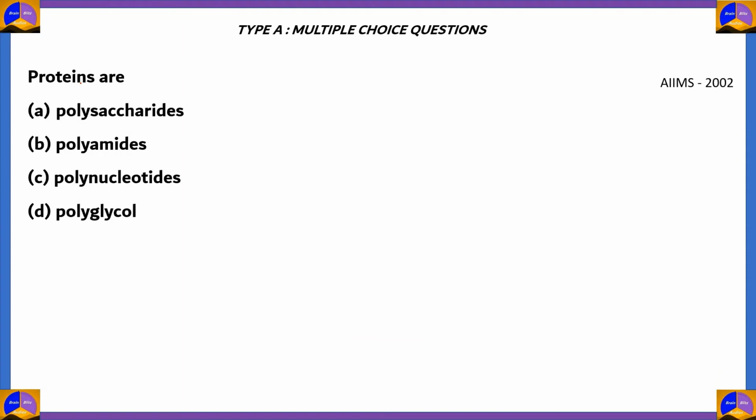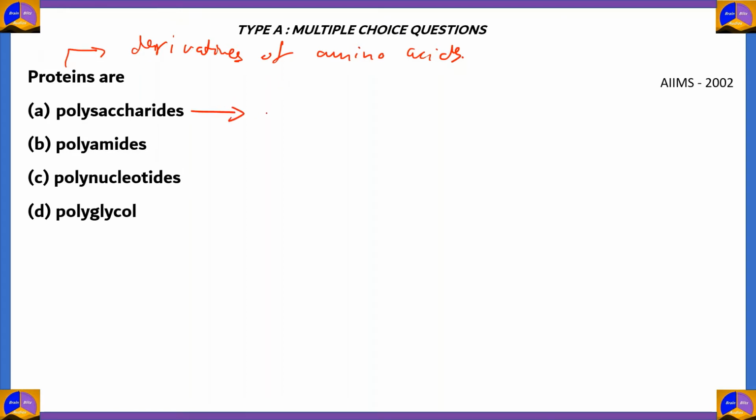Next question. Proteins are polysaccharides, polyamides, polynucleotides, polyglycol. And if you remember, proteins are derivatives of amino acids. So now let's look at each of our options.